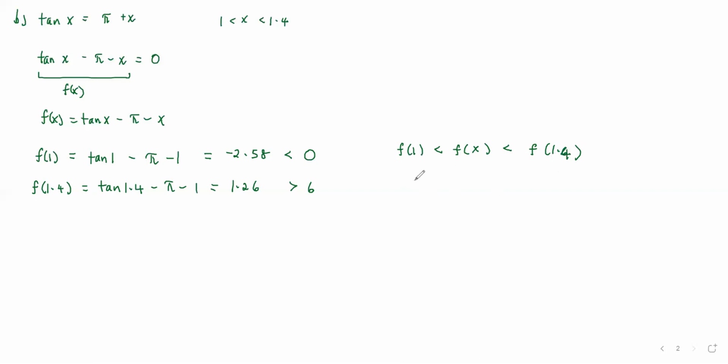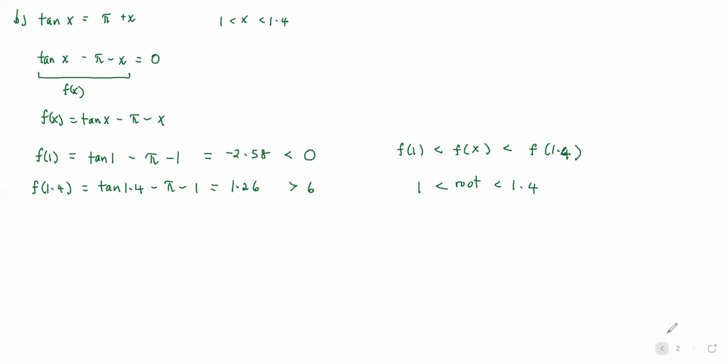So the root of f of x must be in between 1 and 1.4, because f of 1 is negative and f of 1.4 is positive.